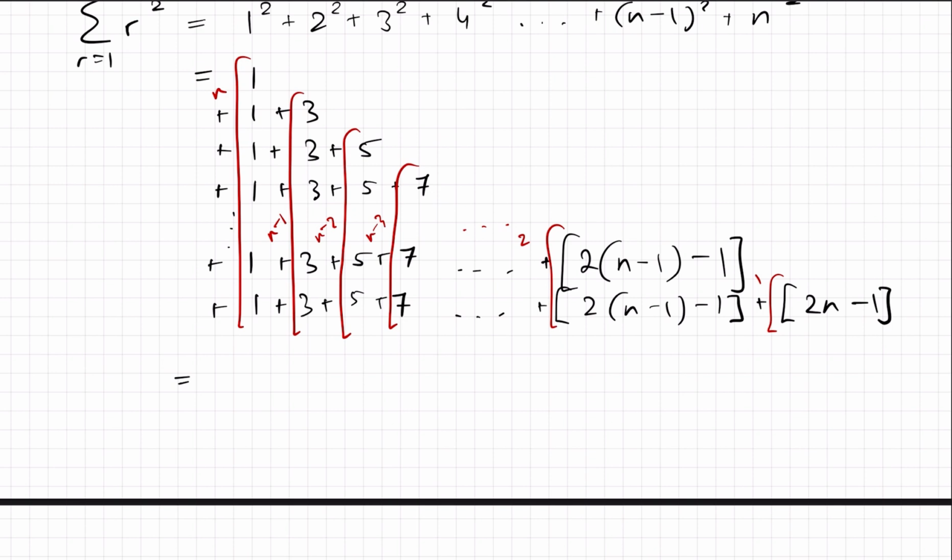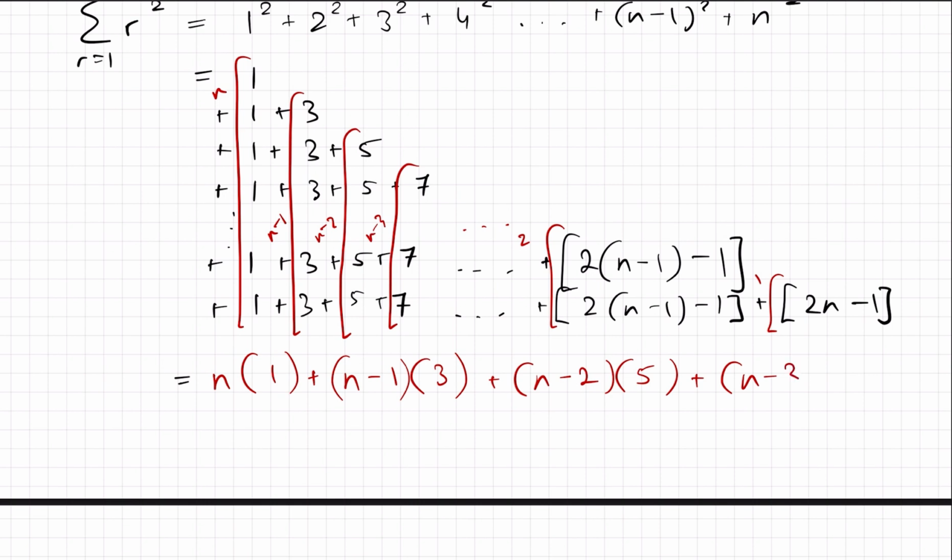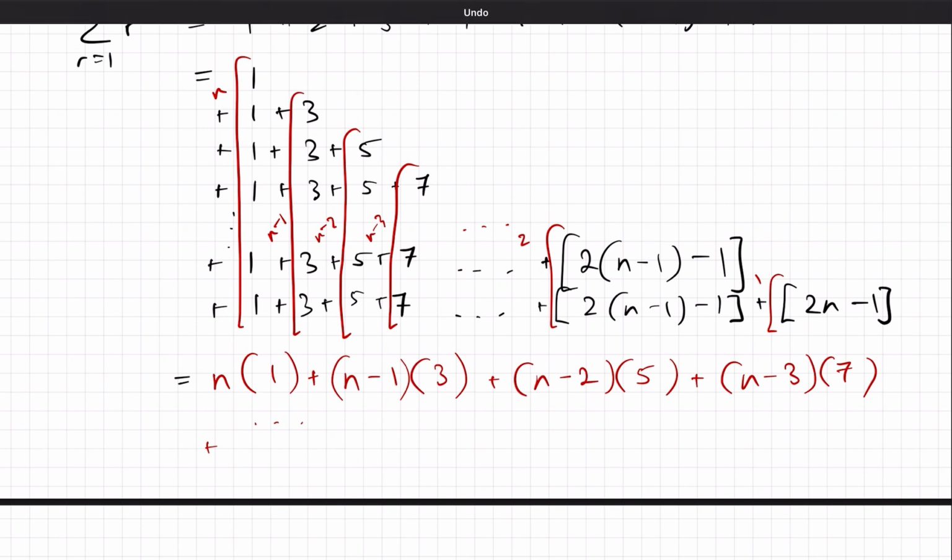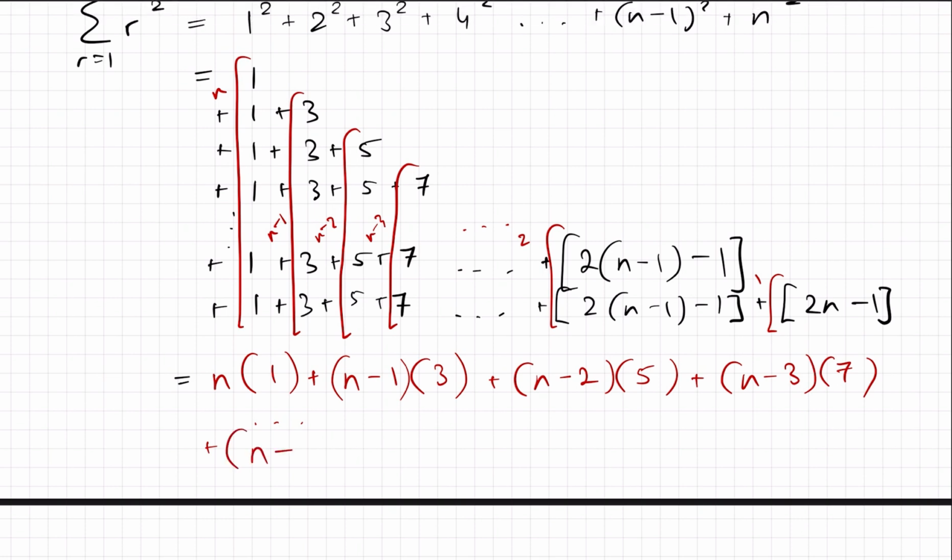using this new information. So we can write this as n times 1 plus n minus 1 times 3 plus n minus 2 times 5 plus n minus 3 times 7, and that pattern continues, plus 2, or we can rewrite that as n minus n plus 2, right?